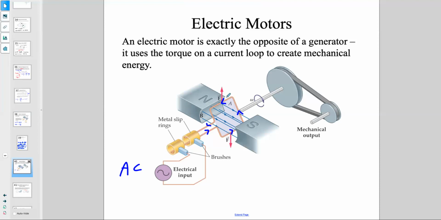So for this part, you have an upward force, and for this part, you have a downward force, which means that this will do a clockwise rotation. So this will do a clockwise rotation.